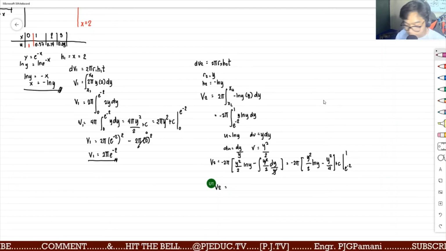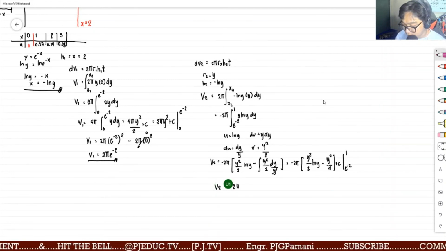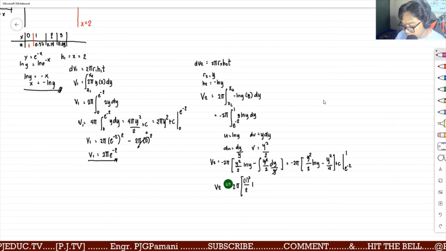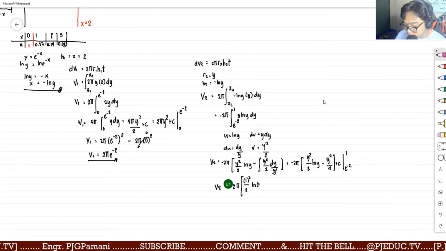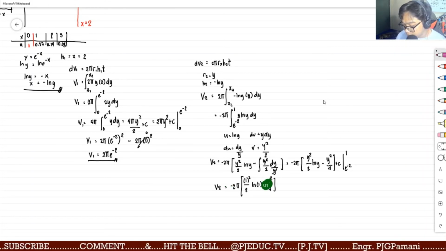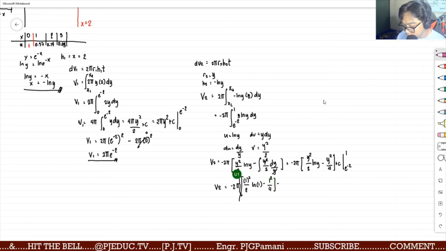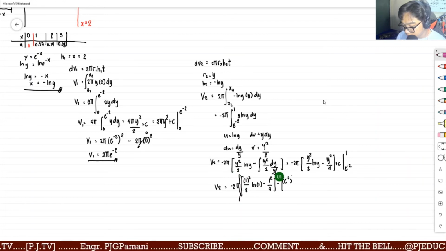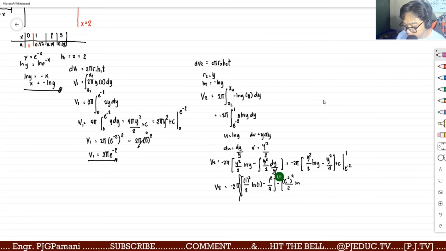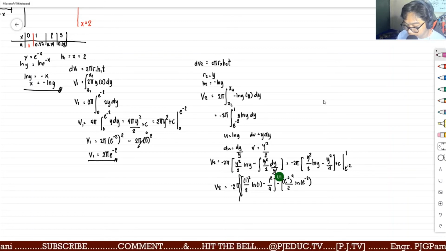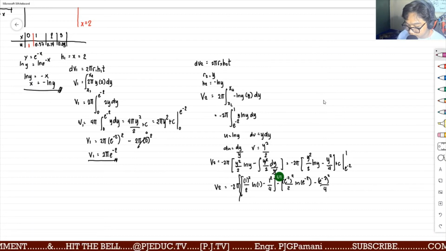And V2, simplify it: negative 2 pi times 1 squared over 2 ln 1 minus 1 squared over 4, minus e raised to negative 2 squared over 2 ln of e raised to negative 2 minus e raised to negative 2 squared over 4.